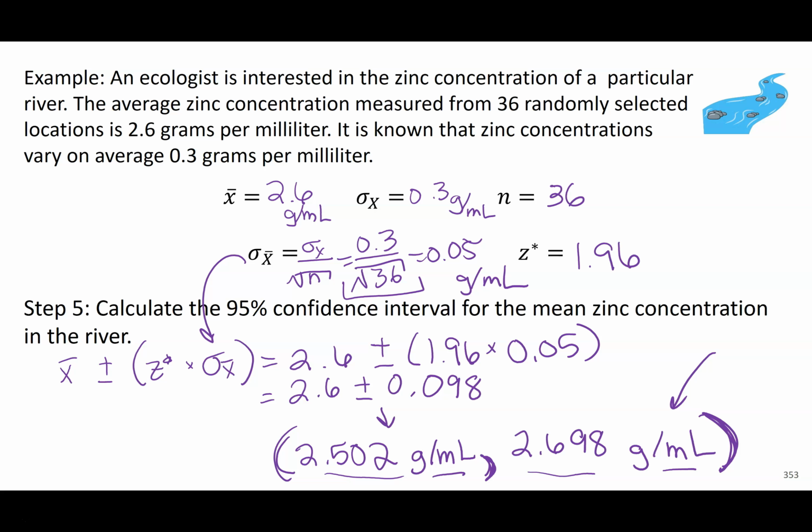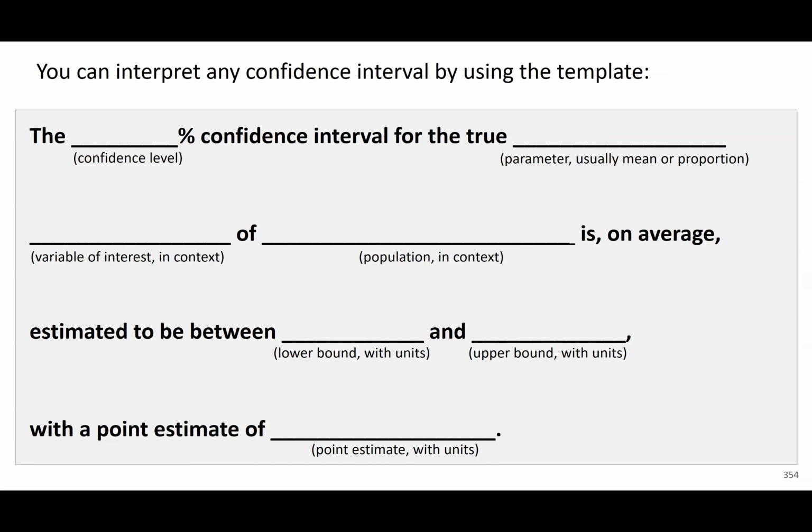Now we have to actually answer the question, because we asked, what is the average zinc concentration for all locations in this river? We have to write a sentence that makes sense to answer this. Here's a template, and I really can't stress enough that you'll use this a lot. It doesn't have to be this exact wording, but it has to hit every blank we have you fill in, because those are things we will look for.